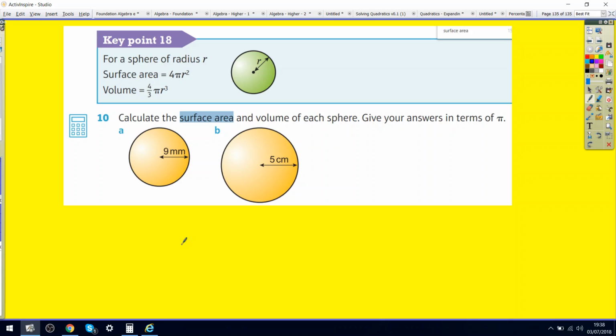Oh, surface area, sorry. So that would be 4 pi r squared. So that's 4 times pi times 9 squared, which gives us. They want answers in terms of pi? Oh, right. Okay, so that gives us 324 pi. And I think you'll be fine for the next one, because it's very similar.